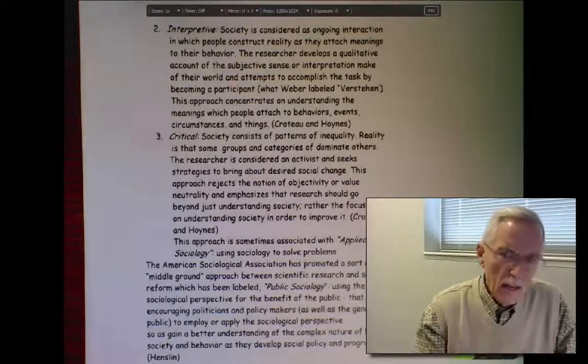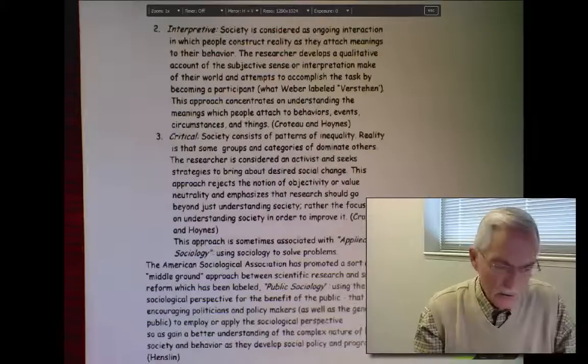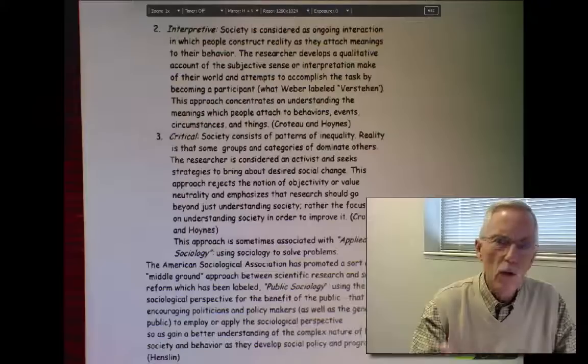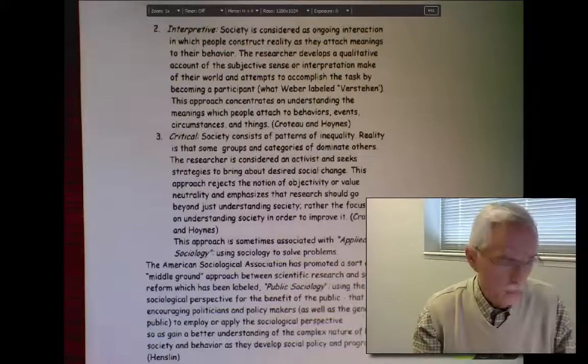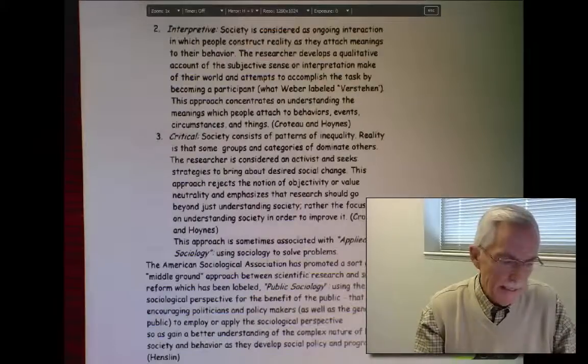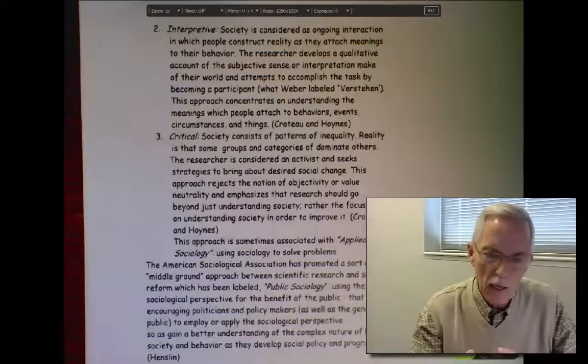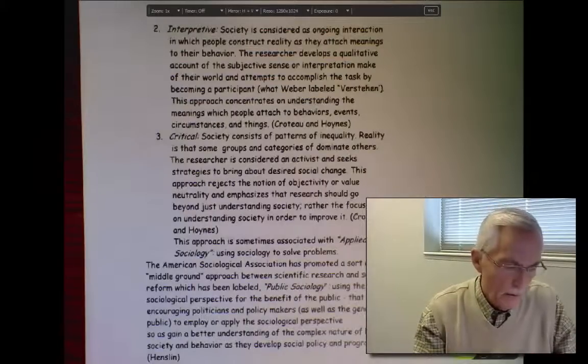So if you look at the scientific approach back on page 10, highlight the fact that it advocates an approach that one of the early founders of the discipline, Auguste Comte, referred to as positivism. The researcher should be unbiased and objective. He's got to be, or she's got to be, value-free.